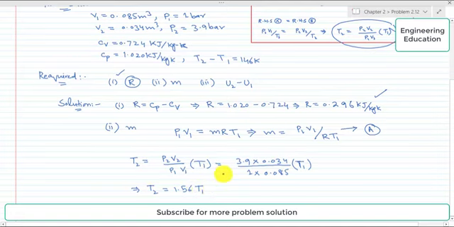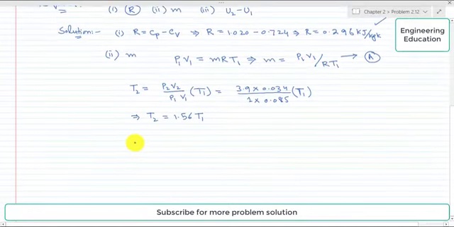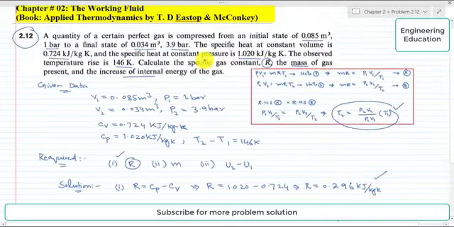Now we know that the change in temperature, that is the rise in temperature, T2 minus T1 is equal to 146 Kelvin, as it is stated in the problem above.